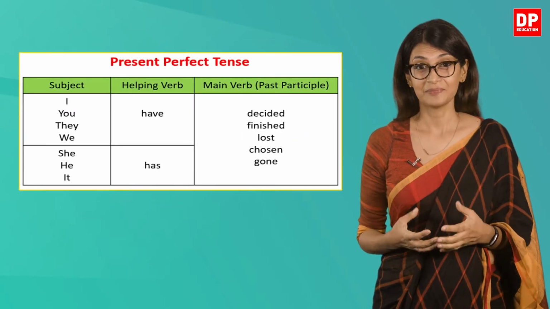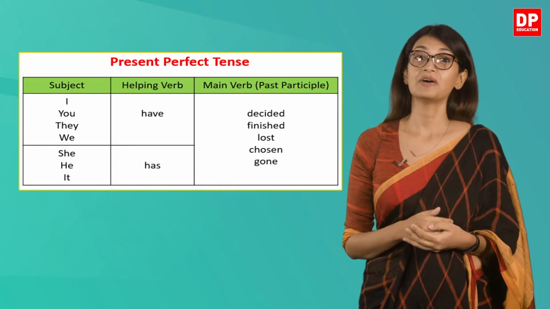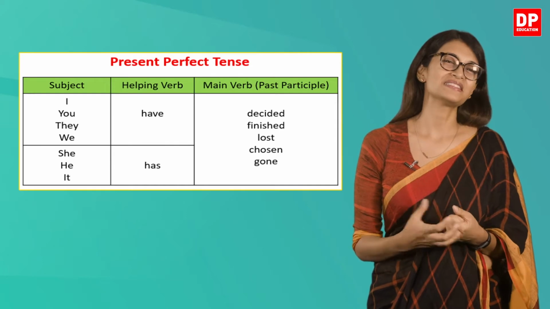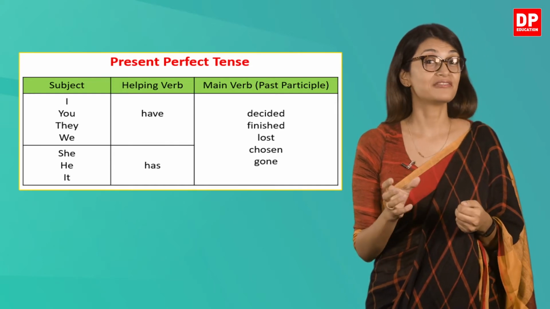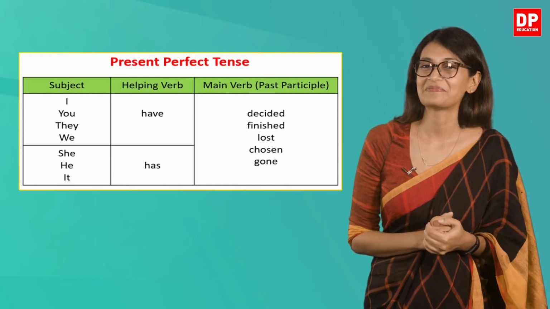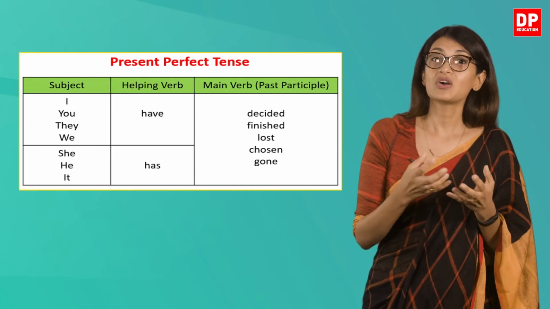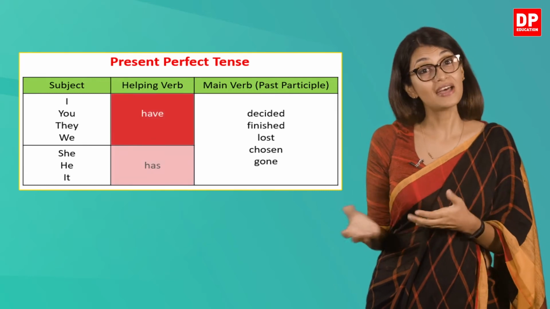In this table, you will see the subject, the auxiliary verb or the helping verb have, and finally the past participle. You can also see the verb have and how it switches to has for he, she, it. So the auxiliary verb have is conjugated in the present simple, have or has.